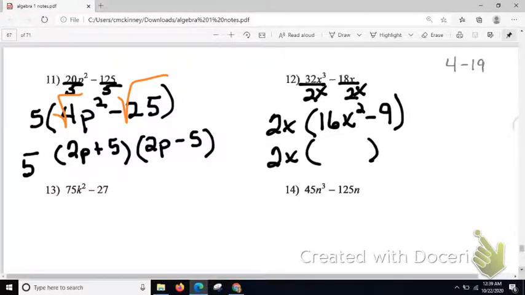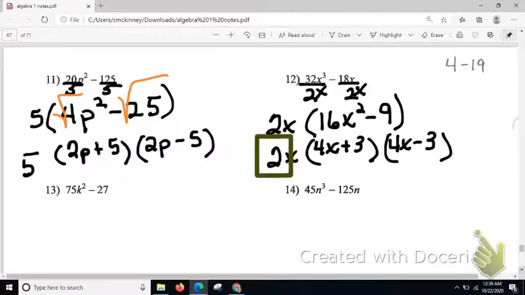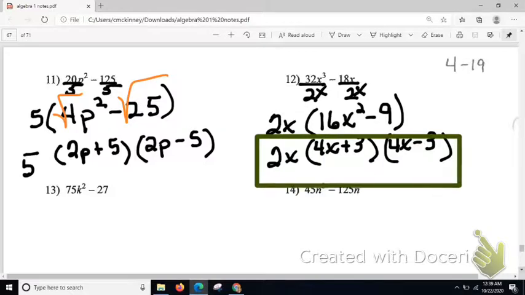2 sets of parentheses. Remember, anytime you can always pause me and then presto, do it yourself and check your answer. So 16x squared, the square root of that's 4x, and the square root of 9 is of course 3, one plus, one minus, and that 2x is part of our answer.